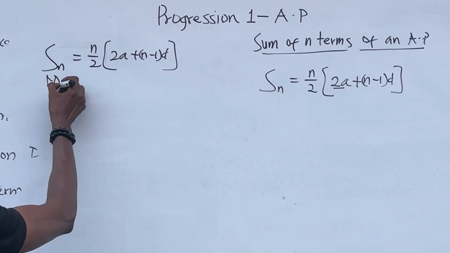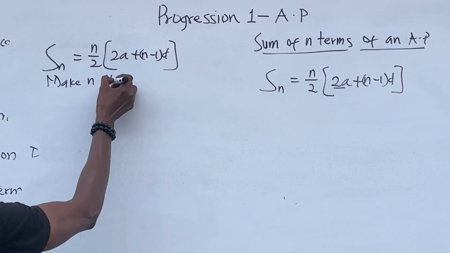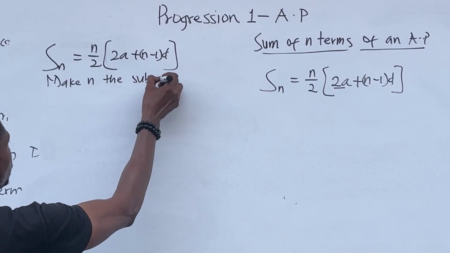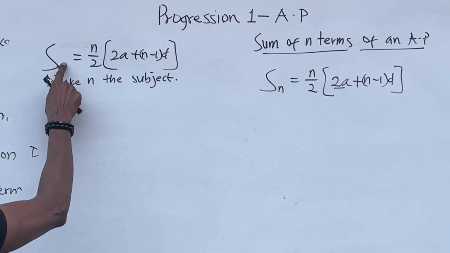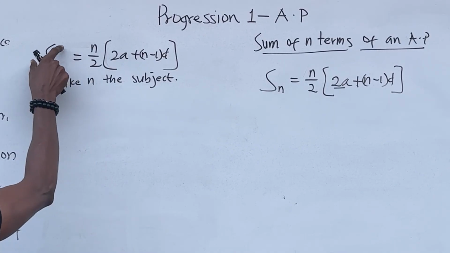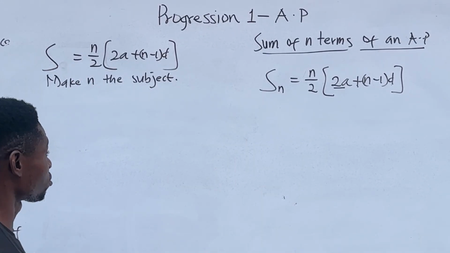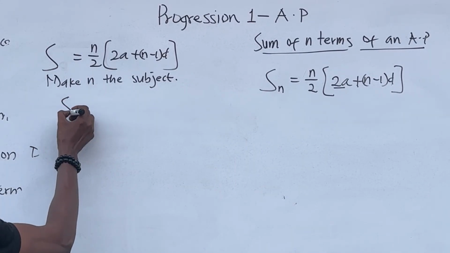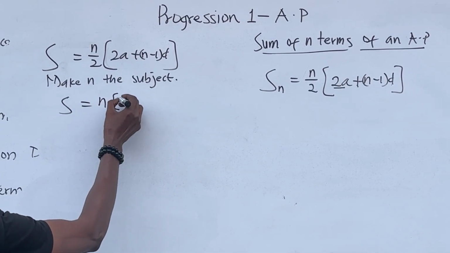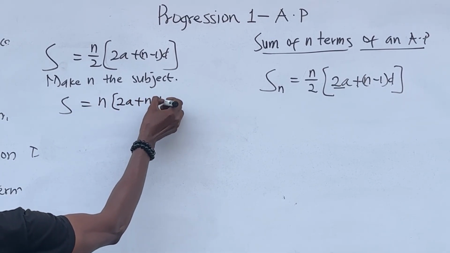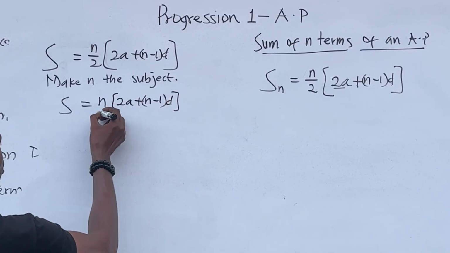Make n the subject. So to avoid confusion, I will remove the n from here, but we know that the S stands for the sum of n terms, right? Okay, so what we have is S equals n into (2a plus (n minus 1)d) all over 2.